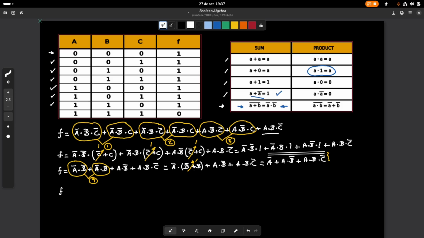F equals a negated, okay, because from here we have that an OR operation negated, I can rewrite it as an AND operation with both terms negated.